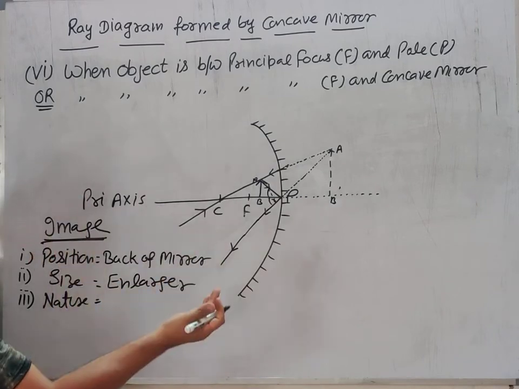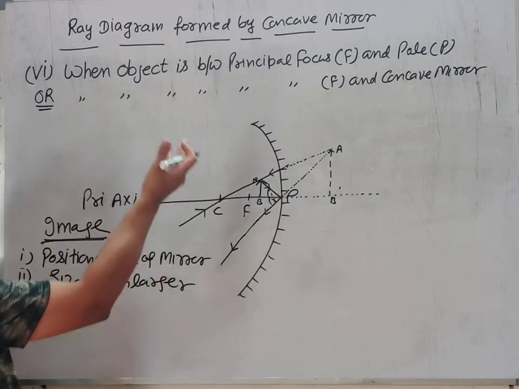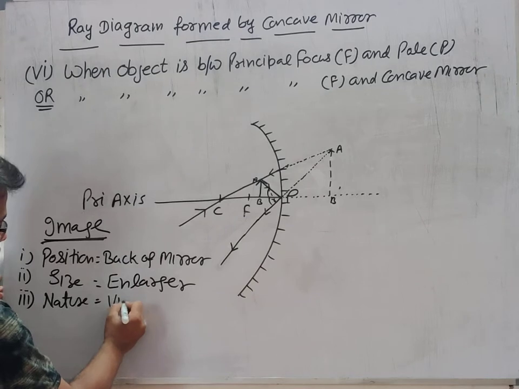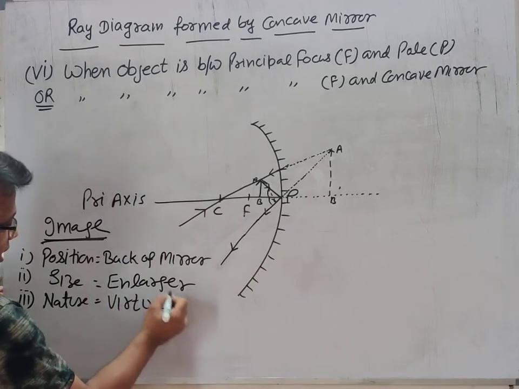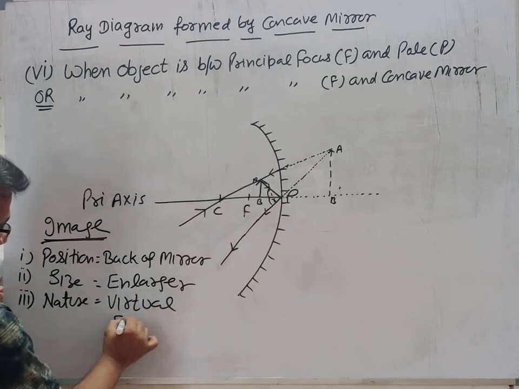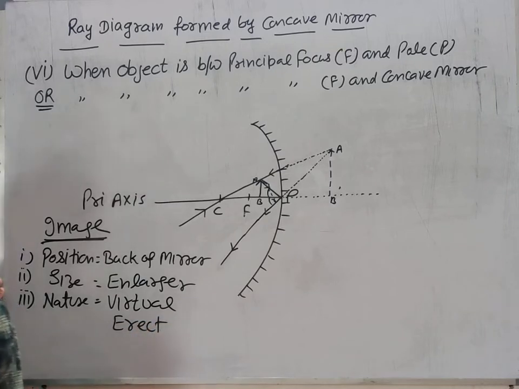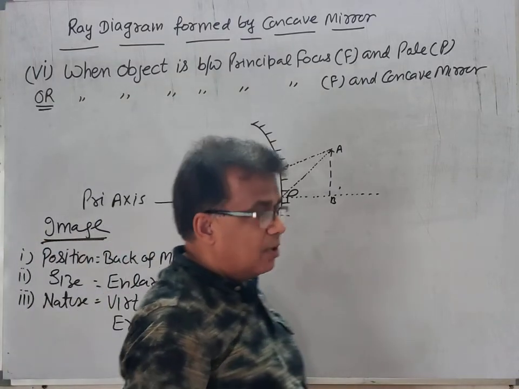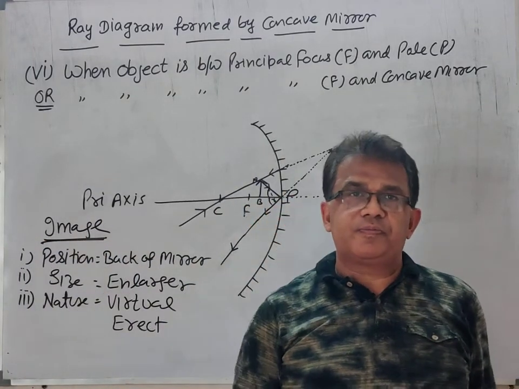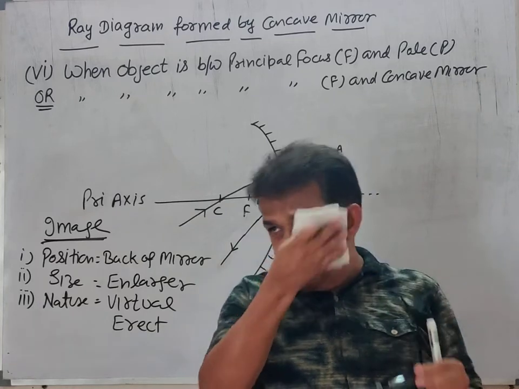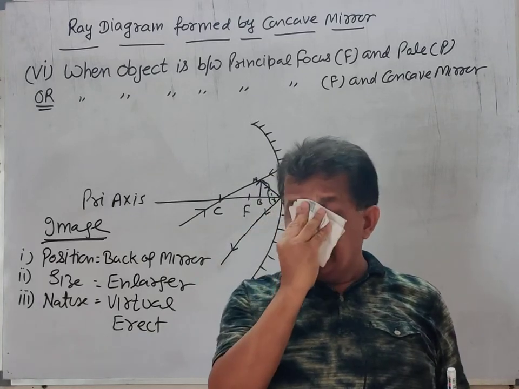Because it is on that side, therefore virtual, or because erect, therefore virtual. So it is virtual, and because virtual, therefore erect. So this is the sixth image. Thus we have studied the image formed by a concave mirror when the object is at different points.